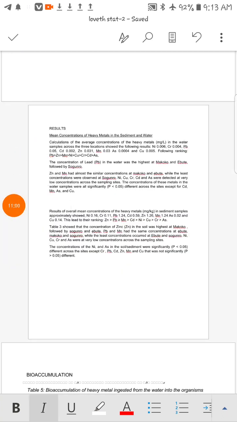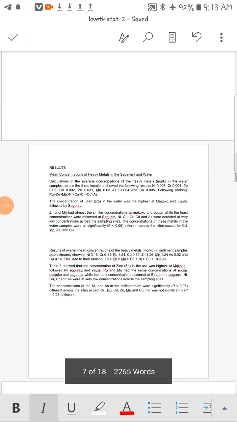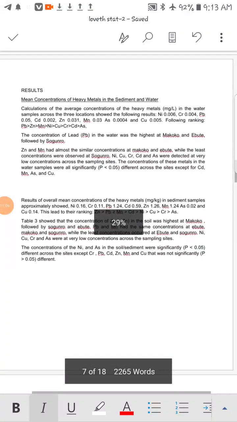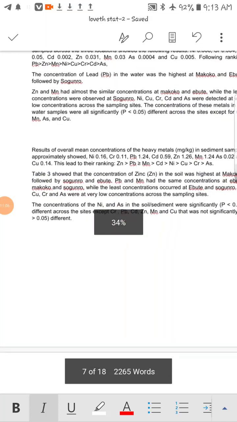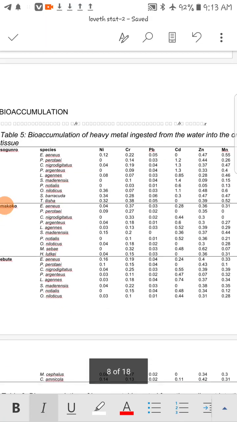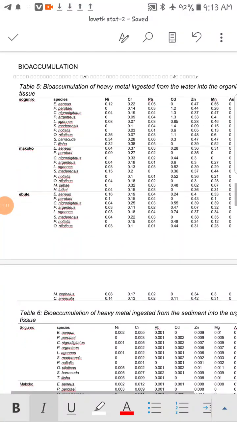So moving on to the result discussions. It's straightforward. When you read that, you just get what is there. So this is the bioaccumulation level. I've told you how I got all this already.